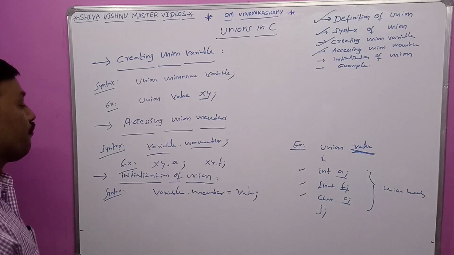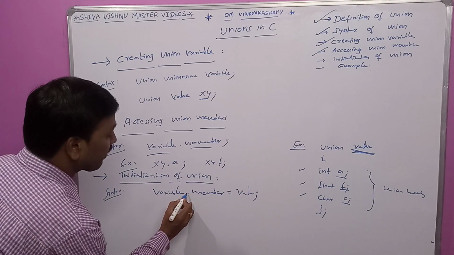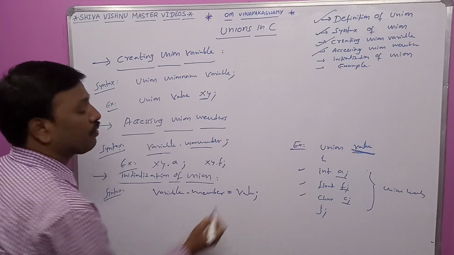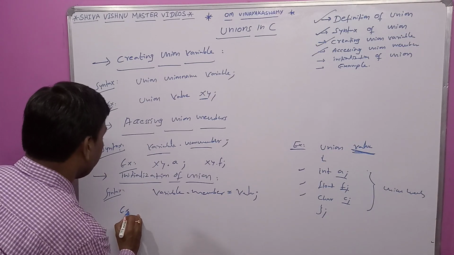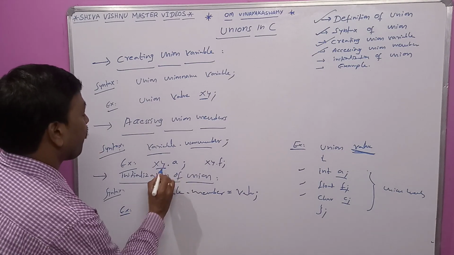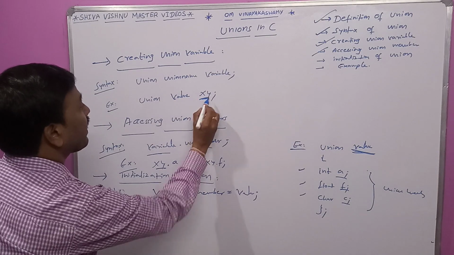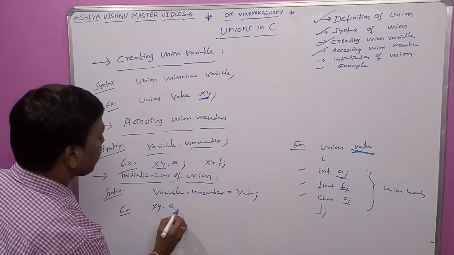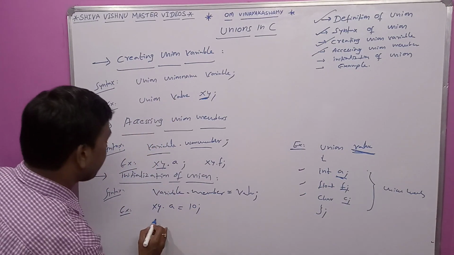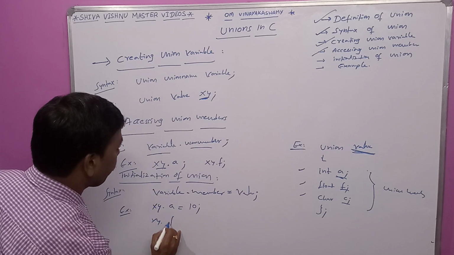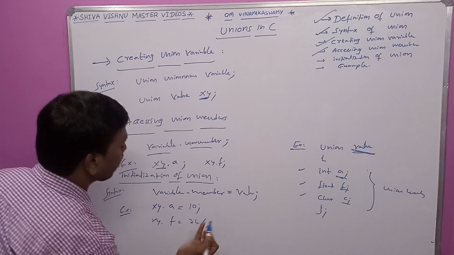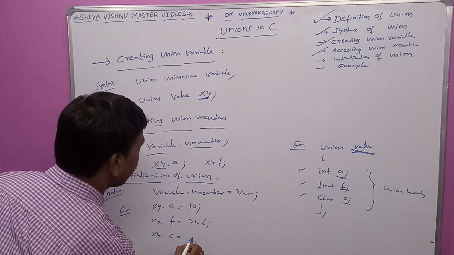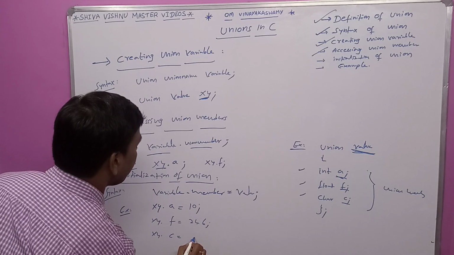Here you can see the variable, the dot operator, the union member, the assignment operator and the value. Example: xy is a variable, and xy dot a equals 10, xy dot f equals 24.6, some values, and xy dot c, you can take any character.